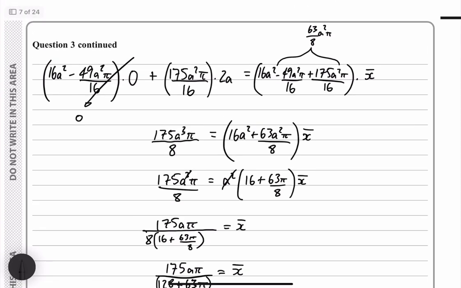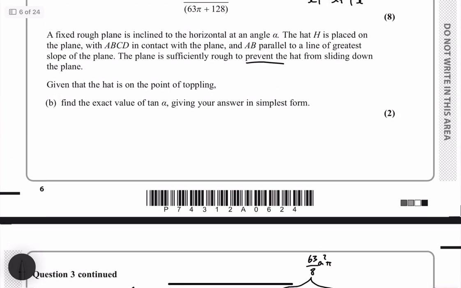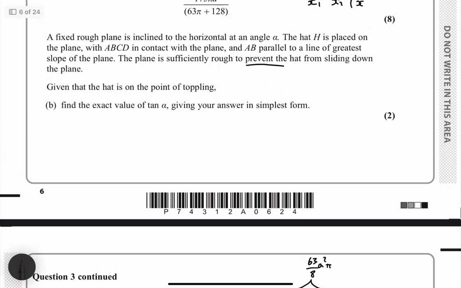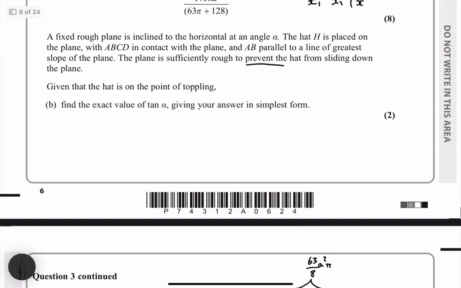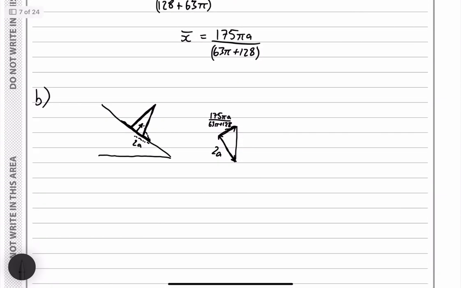And we want to find alpha, or tan alpha, and alpha is the inclination of the plane to the horizontal. Okay, so this is alpha here. Relating that to my diagram, that puts alpha here. So tan of alpha is equal to opposite, 2a, over adjacent, 175 pi a over 63 pi plus 128, and that of course comes up in the numerator.